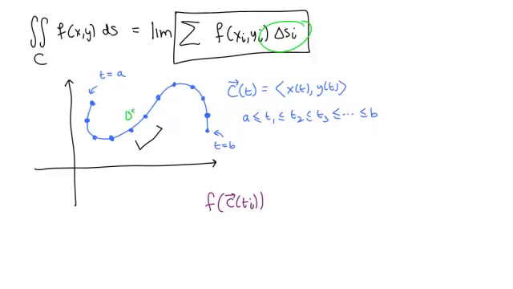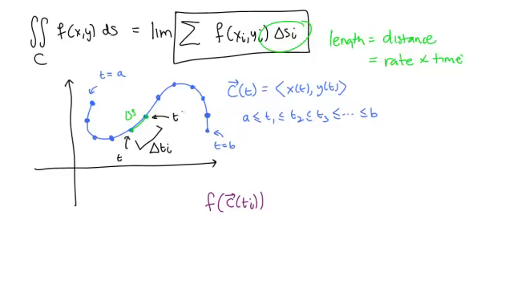What about the delta si term? Well, delta si is supposed to be the length of this segment right here. Well, what is the length of this? It's nothing more than the distance covered between these 2 points, from this point to this point. But distance is equal to the rate times the time. Now, when I traveled from this point to this point, this took delta ti seconds, because there's a time value right here, and then there's some second time right here.